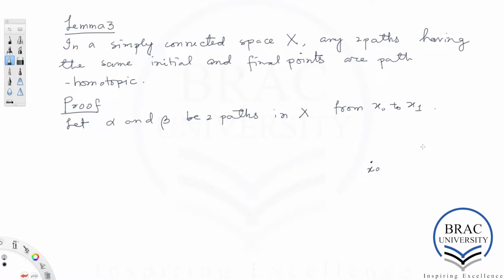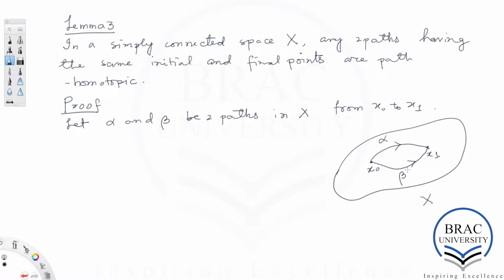This is x0 and this is x1, two points in the simply connected topological space big X, and alpha and beta are two paths, both starting at x0 and ending at x1.